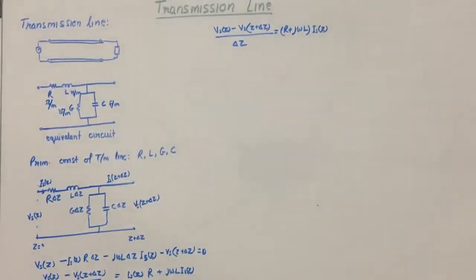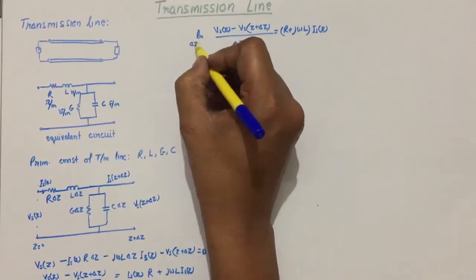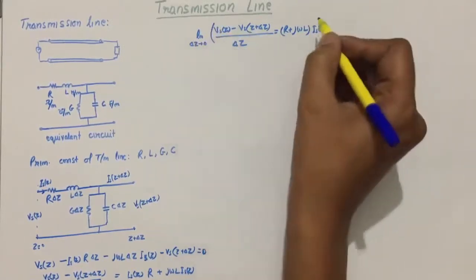Okay. Now if we consider that delta z is very small, we can write limit delta z tends to 0.